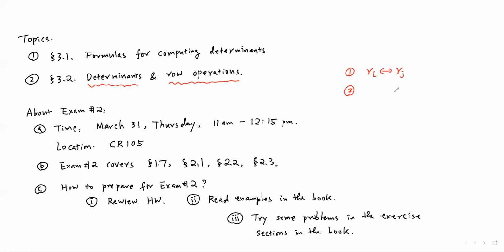The second operation is we can multiply some row by some number C, right?